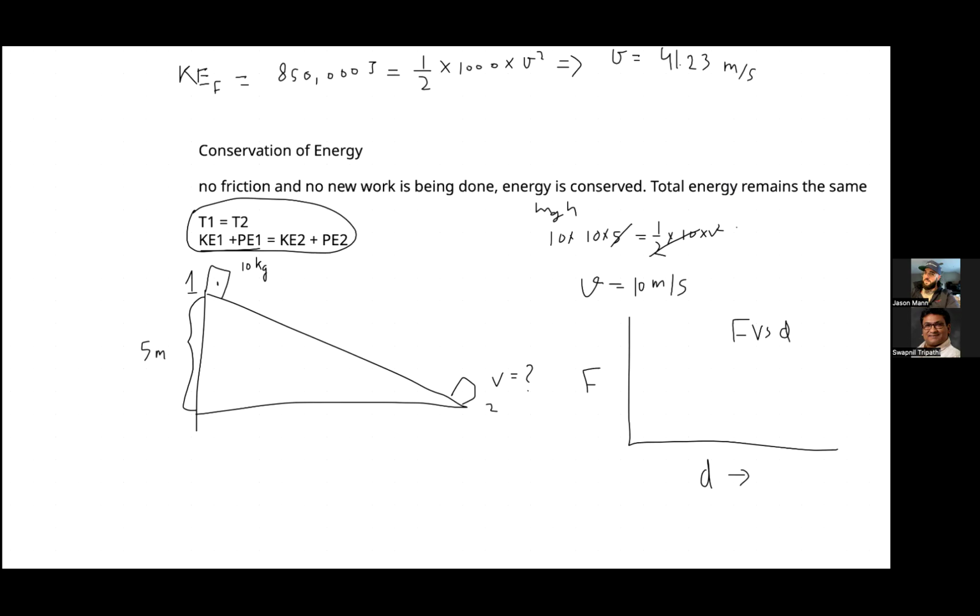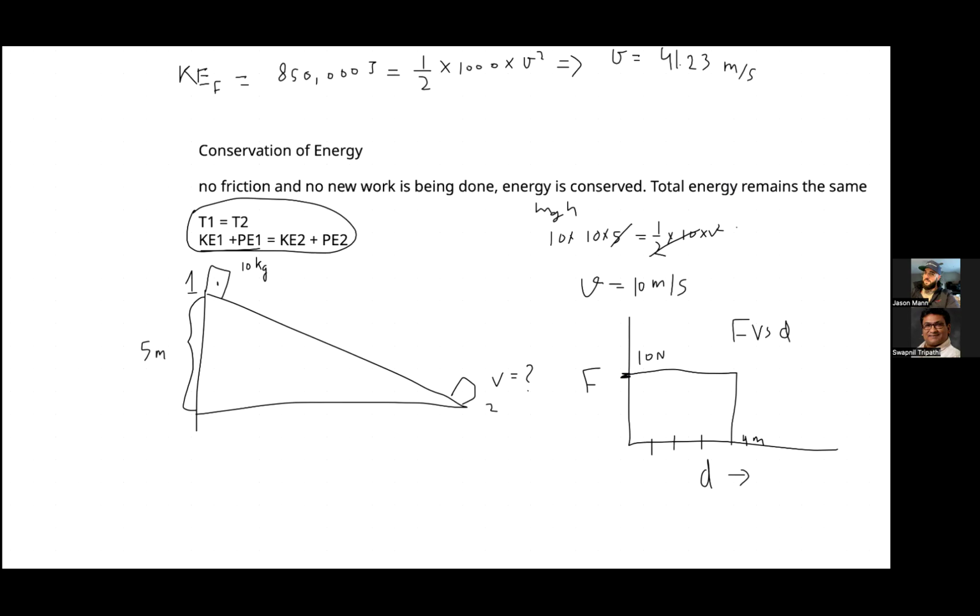So let me take a very simple example. Let's say this is the graph for the force versus distance. This point is 10 newtons on the y-axis, and this is 1, 2, 3, 4. This is 4 meters. So the area made by the graph, or it's called area under the curve, is equal to the work.